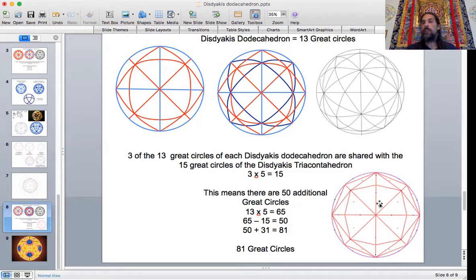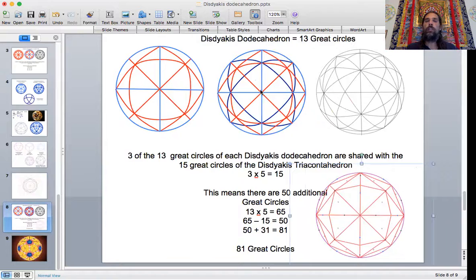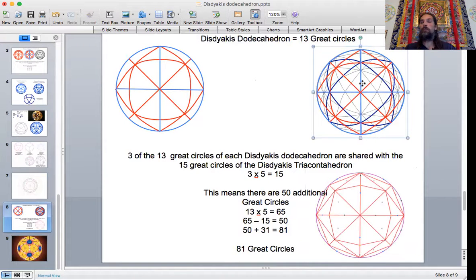This is the disdyakis dodecahedron, the 48 faces that it has. It has 26 vertices, and that fits over top of this here, like so, providing the new vertices. And then I just wanted to double check, if I put this new one over top of the disdyakis tricontahedron here, that's the one that's going to provide the 15 great circles.